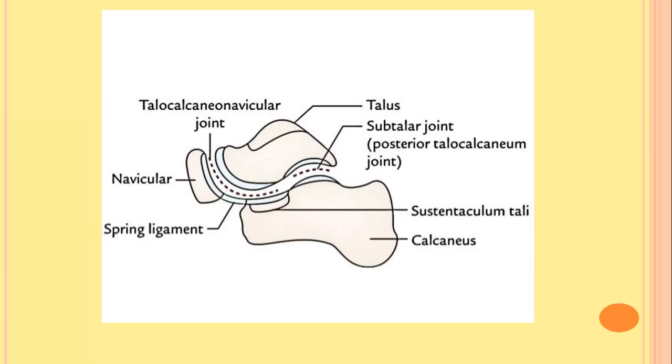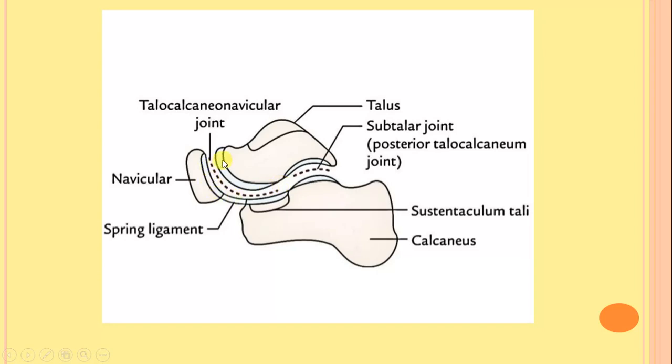So here we can see the joint between this, the talus, and this, the calcaneum. So here is the posterior talocalcaneal joint, which is mainly named the subtalar joint.